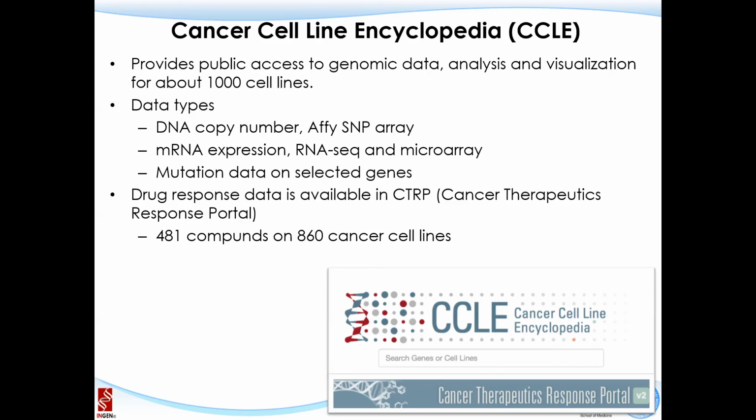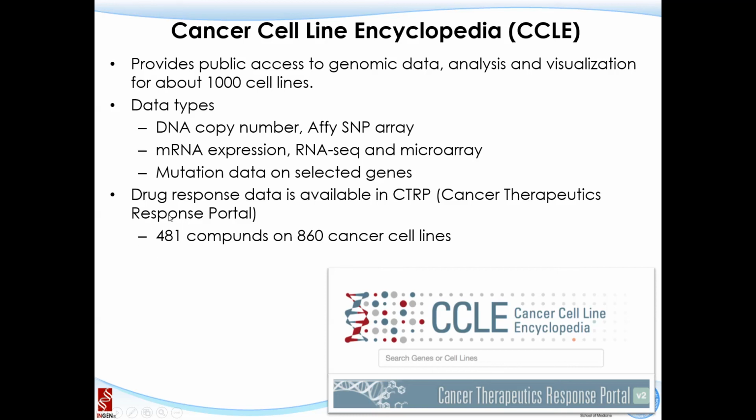The important part of this is that it's not only the RNA sequencing of 1,000 different cell lines. Through a different project, the CTRP project, they also did the drug sensitivity response data from almost 500 drugs or compounds.